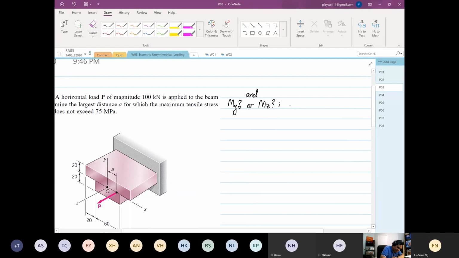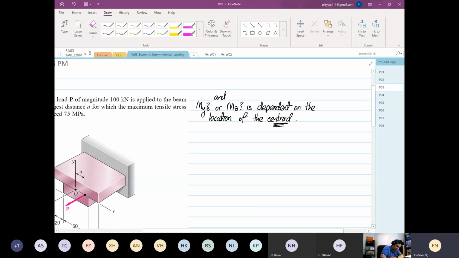Dependent on the location of the what? Centroids. Okay, it is all dependent on the location of the centroid, about the y-axis for this case, and the x-axis based on the transformation.